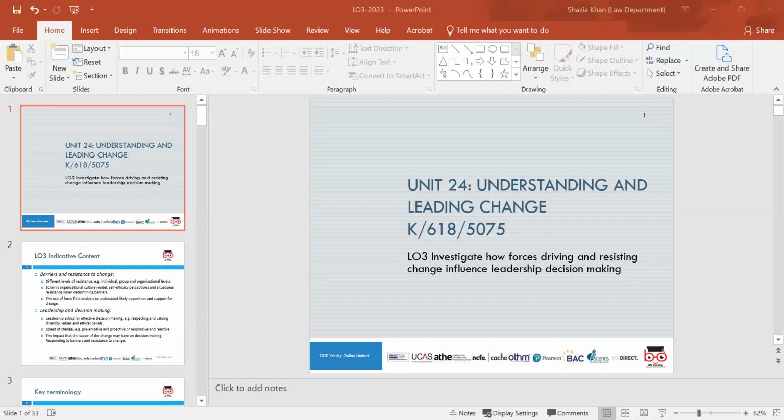So we looked at the element of technology, how that played a big part in any sort of change, and also the change leaders and what they play. So it was really important to look at the different types of change and how large-scale change would impact on it.